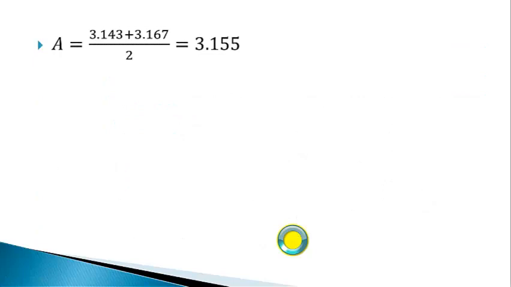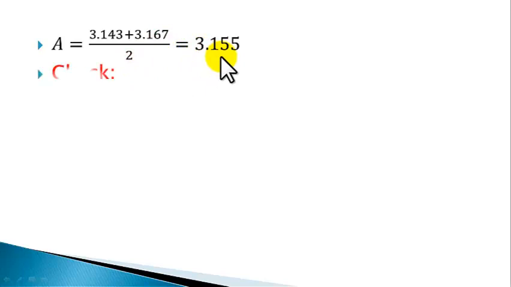Now, let us average the two. The average of the lower bound L and the upper bound U is A equals 3.143 plus 3.167 all over 2. And this is equal to 3.155.